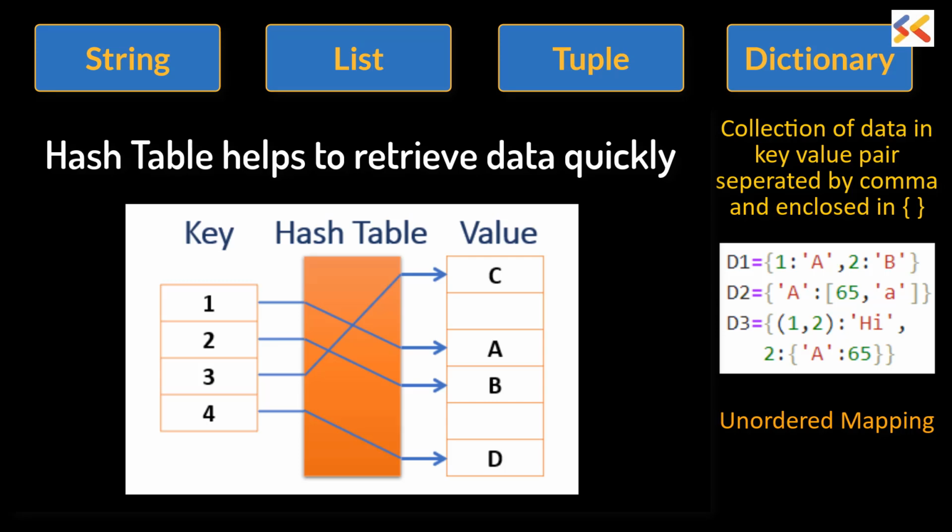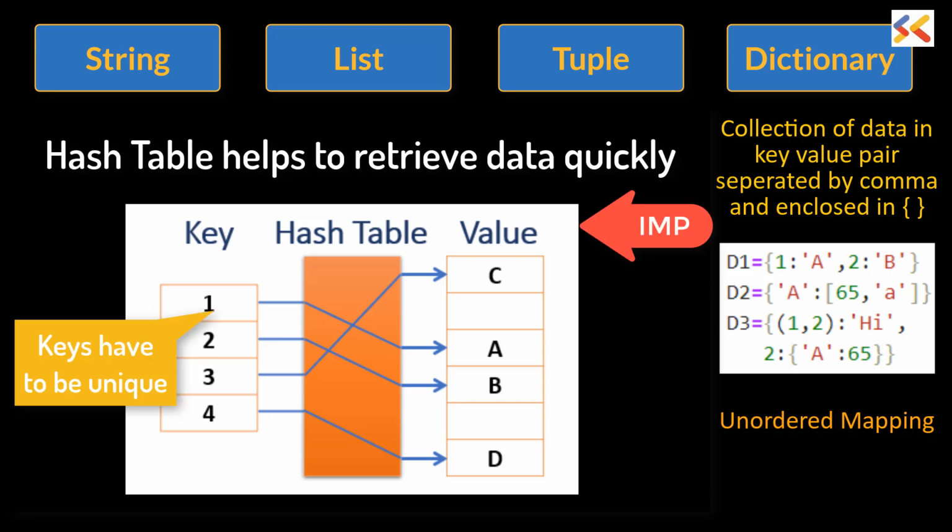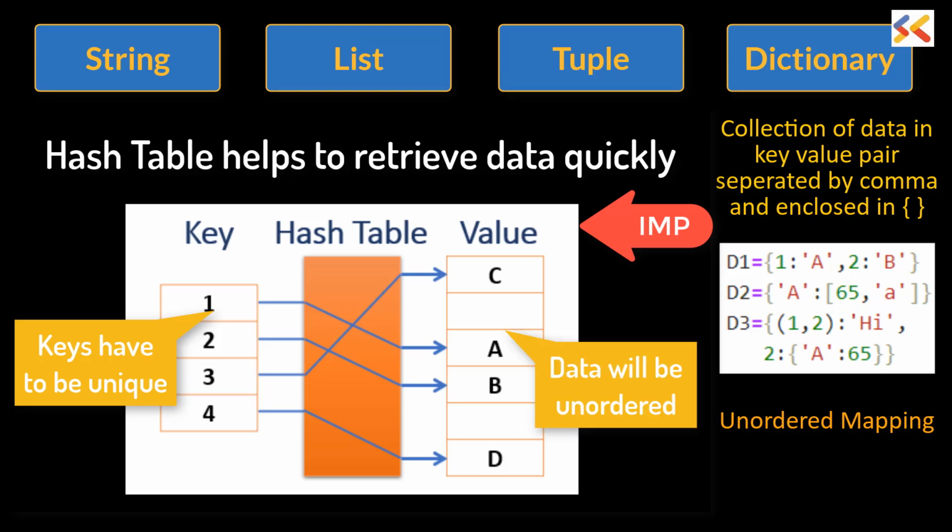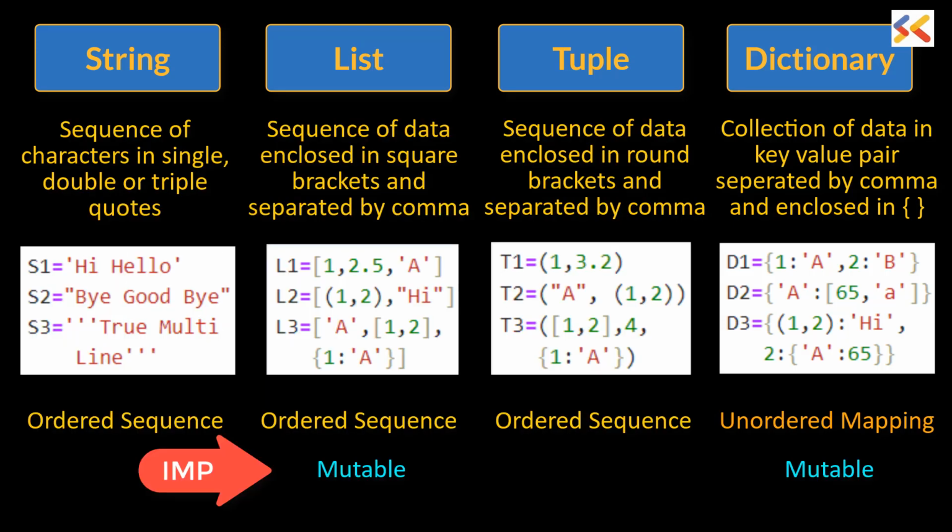Since it uses keys to retrieve values, keys have to be unique and no duplicate key is allowed. Also, data can be stored in any order and what you entered first might not be at the same place in the final dictionary.